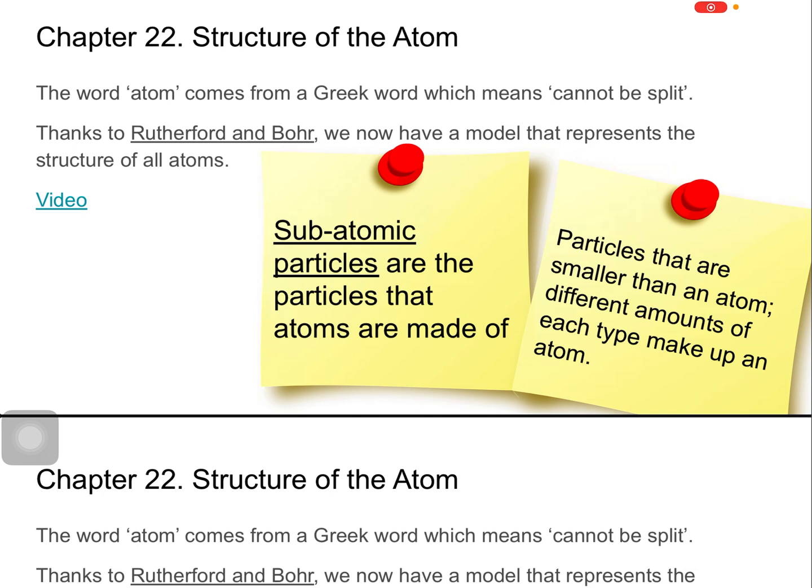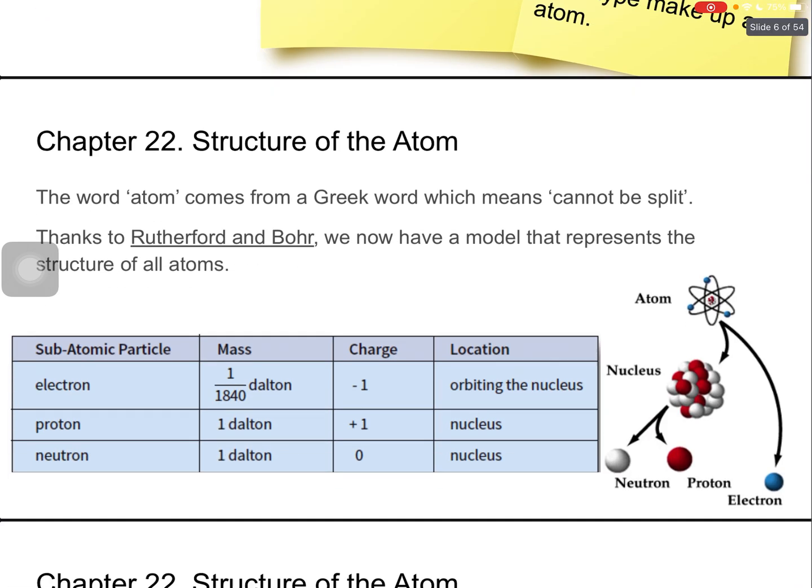Okay, so in our Bohr model or our dots and crosses model, we can see these highlighted subatomic particles. So our subatomic particles, what were they? So our subatomic particles were the particles within the atom. So the electrons, and then within the nucleus we had our protons and neutrons.